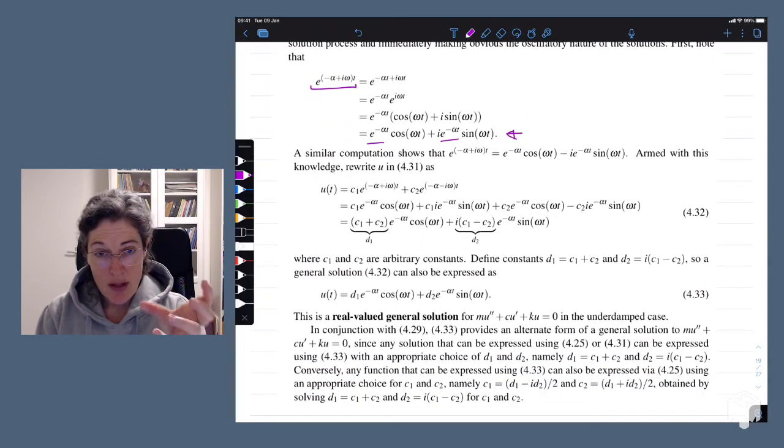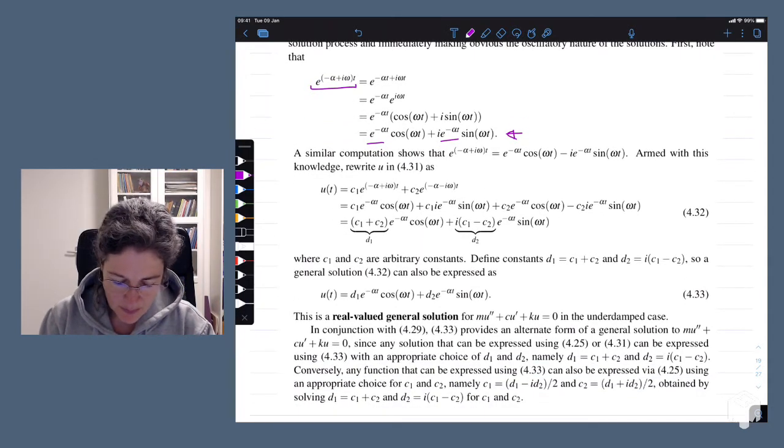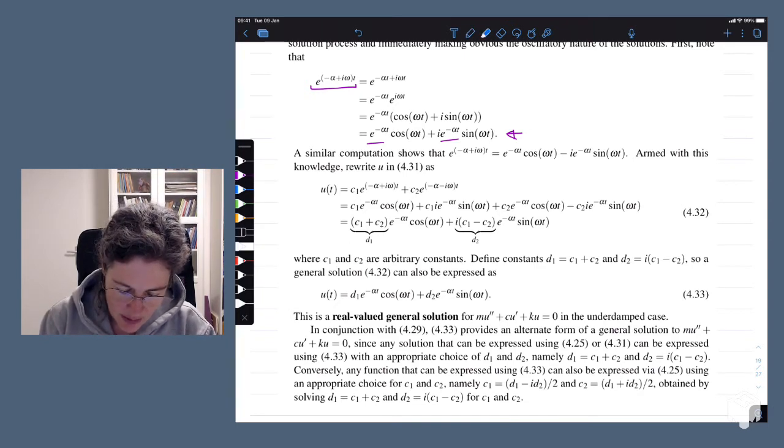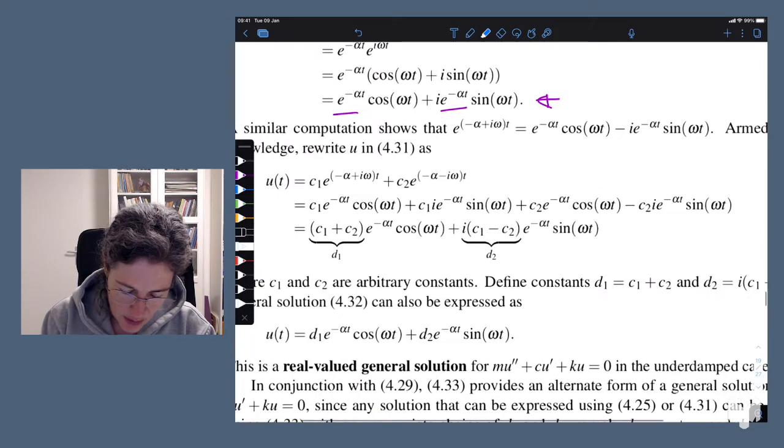And you can do the same thing with the other term in our final solution, and bringing it all together, what you end up with is an equation over here, which looks a little bit hairy, but is actually not bad at all.